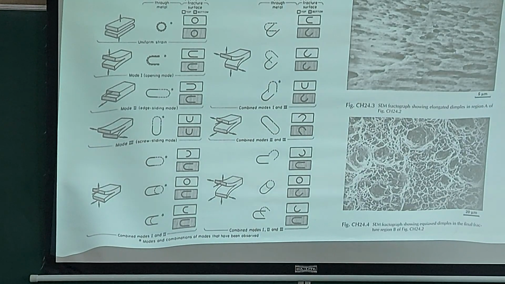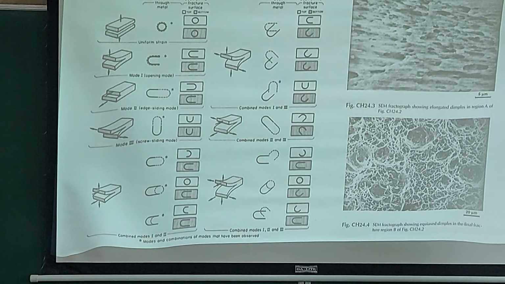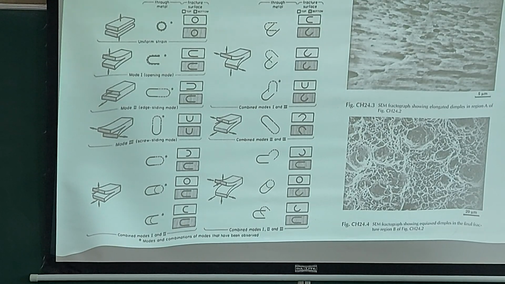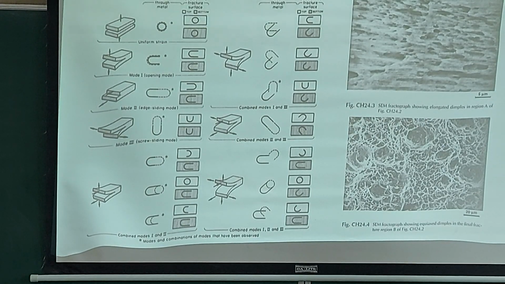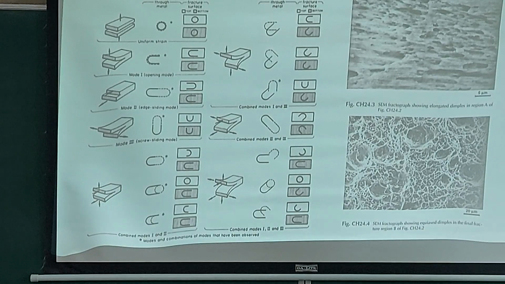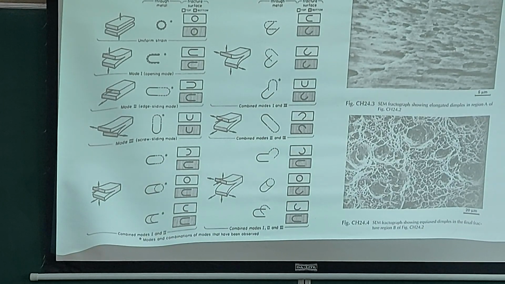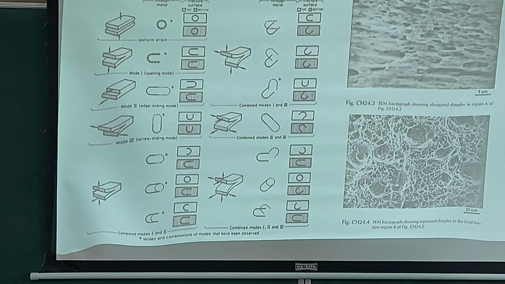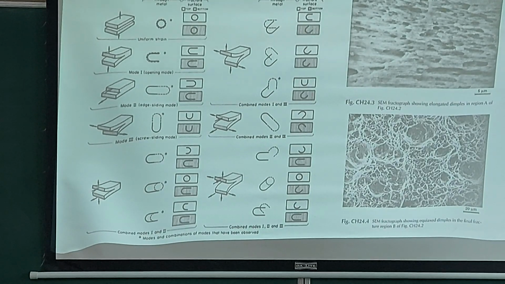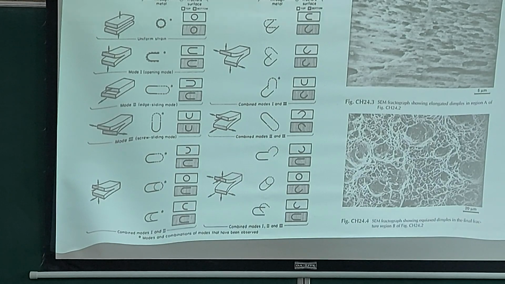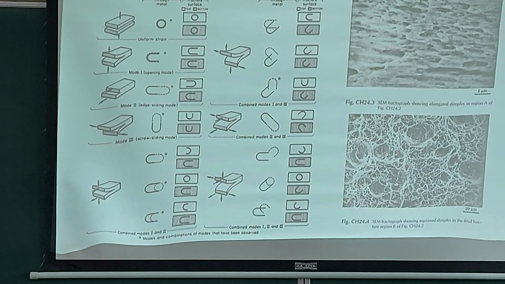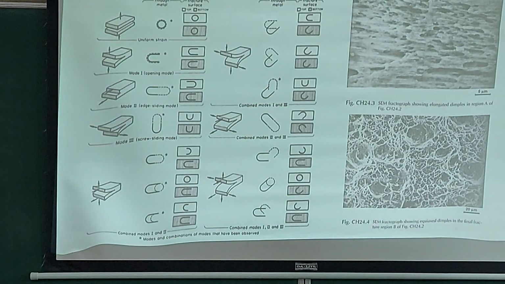There is no theoretical relation of dimple size with fracture toughness, but the empirical relationship is very strong. So it is undeniable that dimple sizes can tell you how ductile the material is.